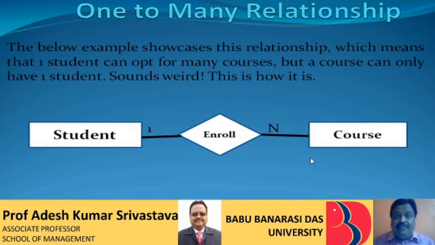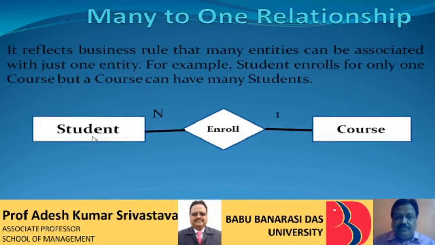It sounds weird, but this is how it is. There may be n number of courses, but only one student for all those courses. Rare to see, so this also looks impractical.